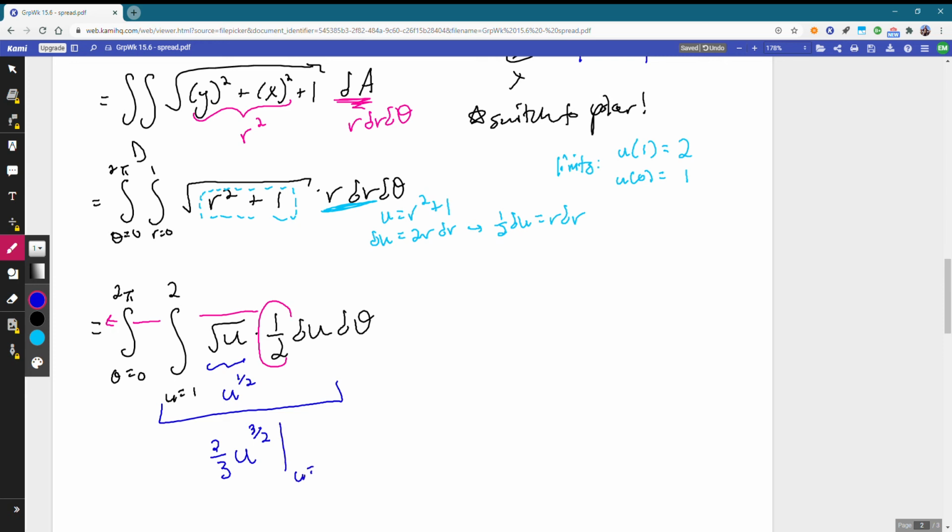Evaluate that from u equals 1 to 2. So plugging in 2 for u, we'll get 2 to the 3/2, and then minus 1 to the 3/2.